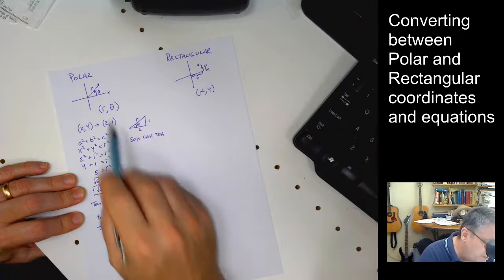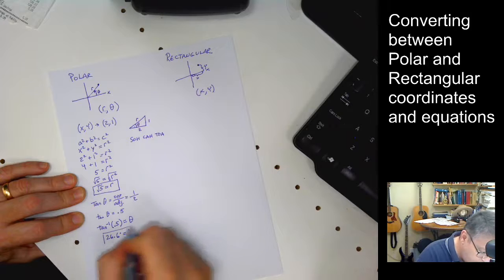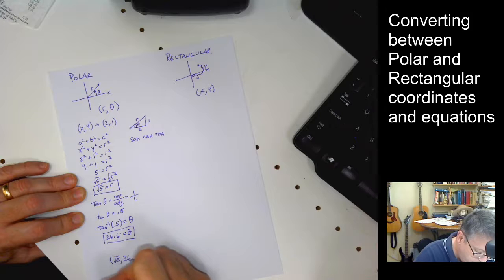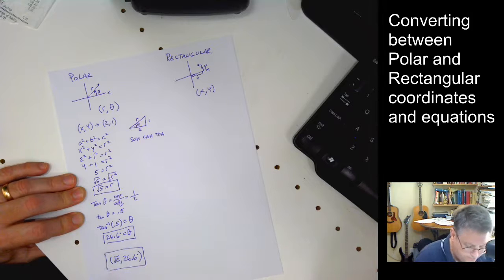So if we're converting 2, 1 to polar coordinates, we would say that the answer to this question is going to be square root of 5, 26.6 degrees. And that's the actual converted value right there.